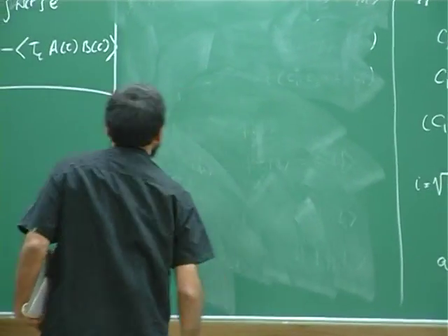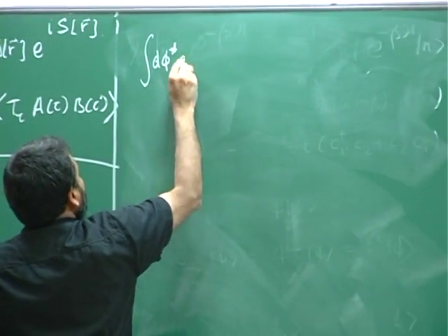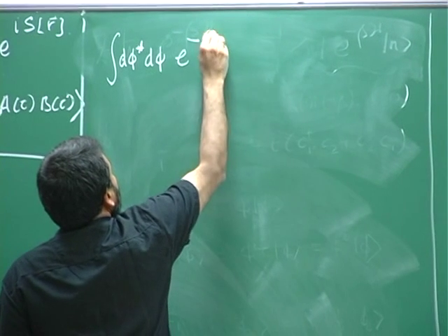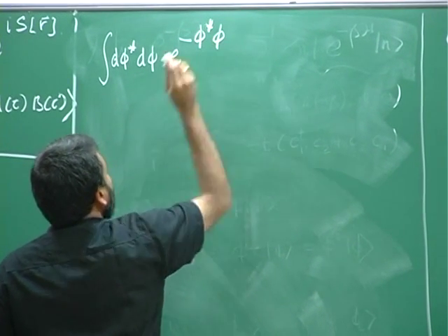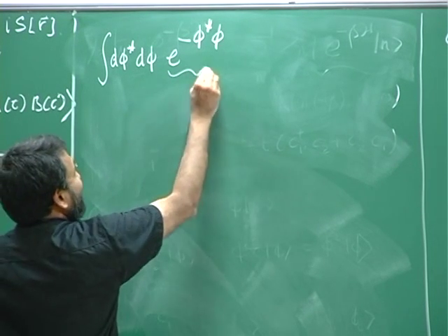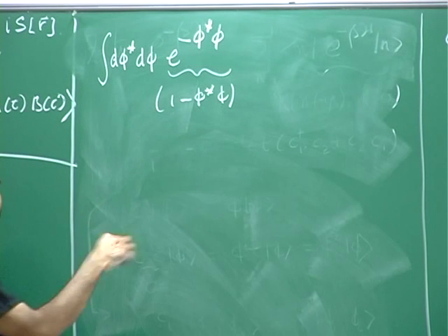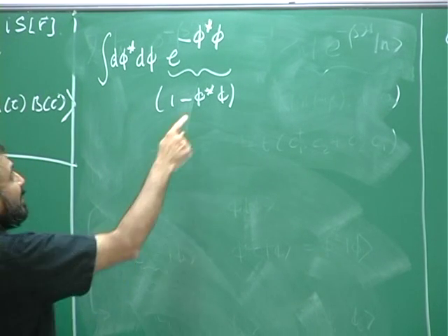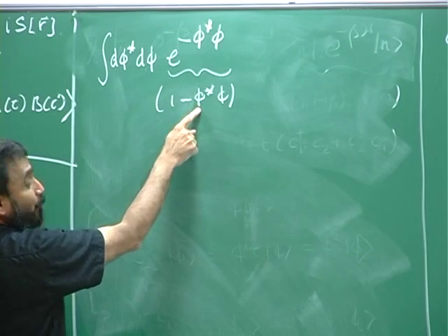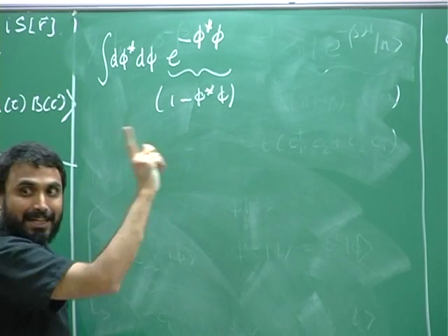Okay, so here's the statement. What is the answer for this, if you follow the rules there? So if you follow the rules, this guy is 1 minus phi star phi. So 1 will immediately integrate to 0, right? Now I have to integrate phi, but I have to slide through phi star, so I'll lose this minus sign, and it integrates on phi and it gives me 1.